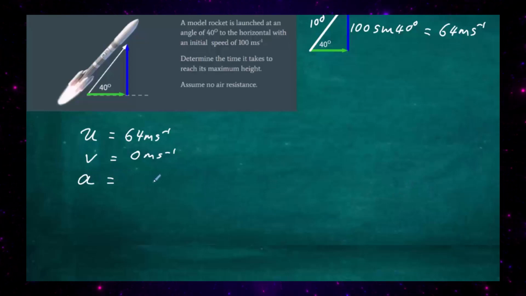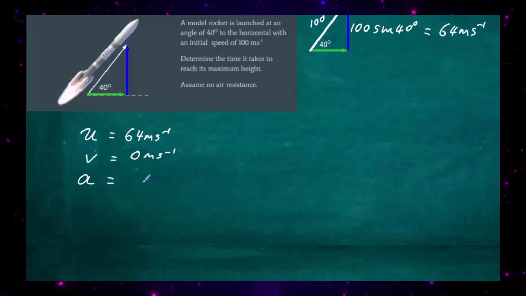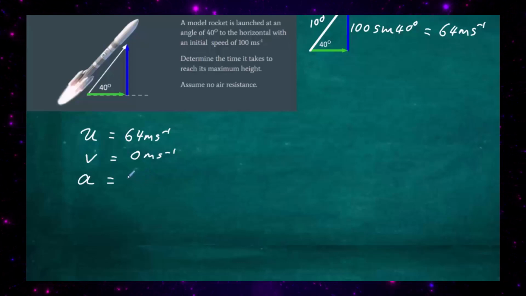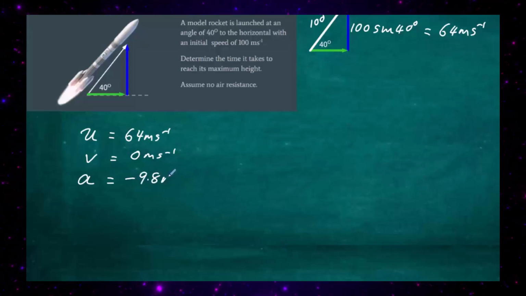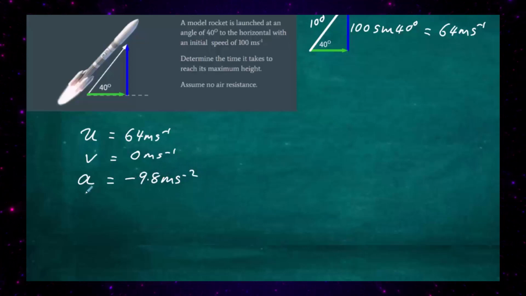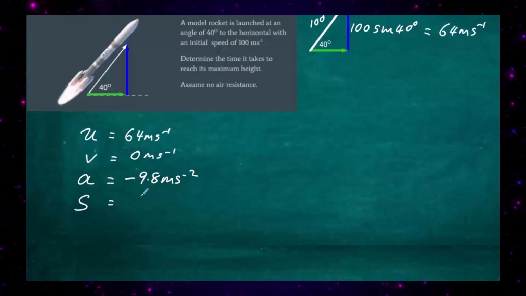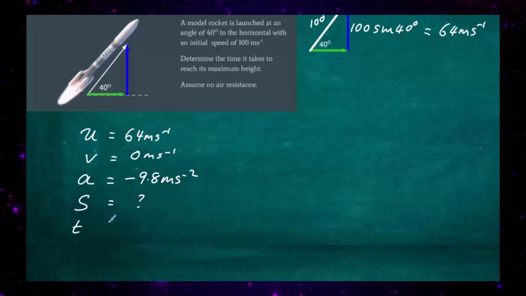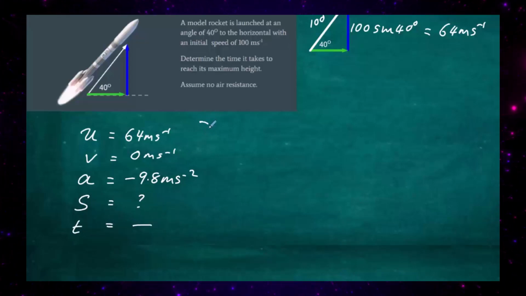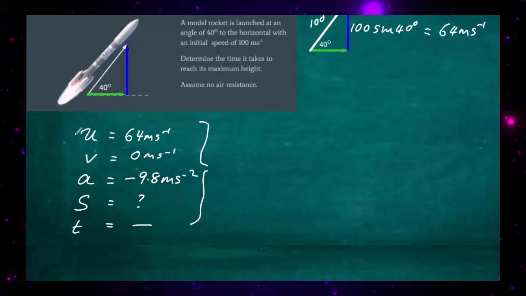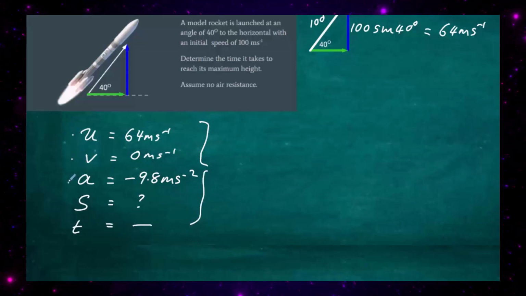As always in these problems, we're taking up to be positive and down to be negative, so the acceleration due to gravity is minus 9.8 meters per second every second. S is what we're really after, and T is not going to come into it at this moment, so we can leave that blank. From all our data, you can see we've got U, V, A and S.